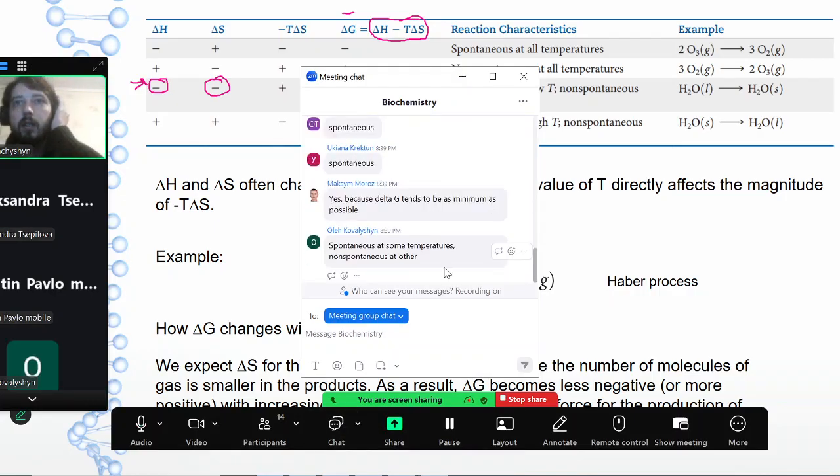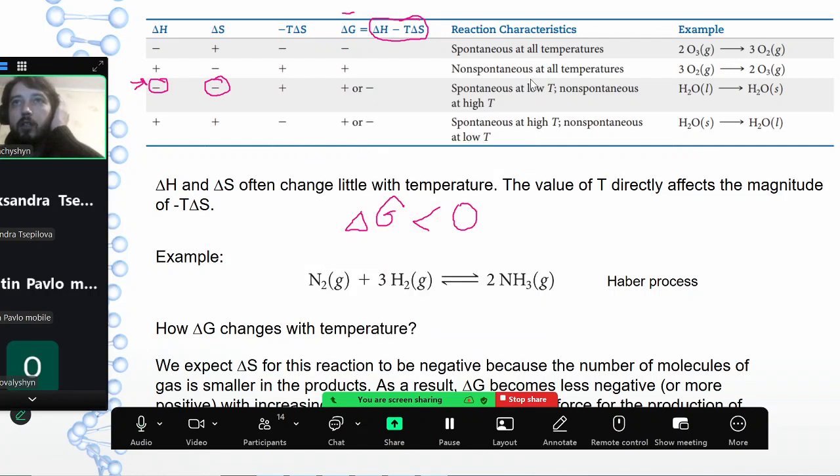Spontaneous, yes, absolutely correct. So it is spontaneous in this case. Now suppose that I am increasing the temperature. What may happen to the delta G?